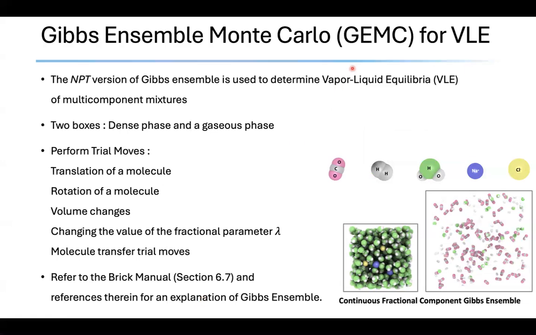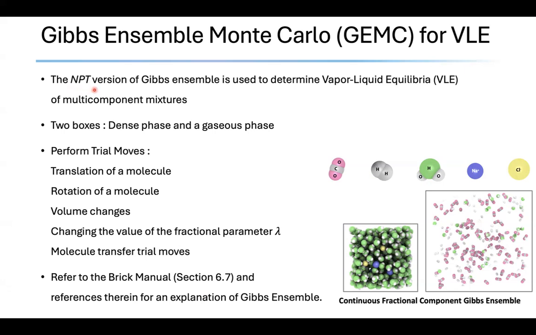Now, I will briefly describe how the Gibbs ensemble Monte Carlo simulation works, which is useful to calculate vapor-liquid equilibria for systems that are of interest to underground hydrogen storage, or for any other systems for that matter. As you all remember, there is an NPT ensemble in which the pressure, temperature, and the number of molecules are fixed.